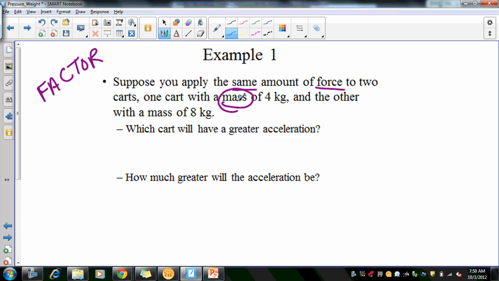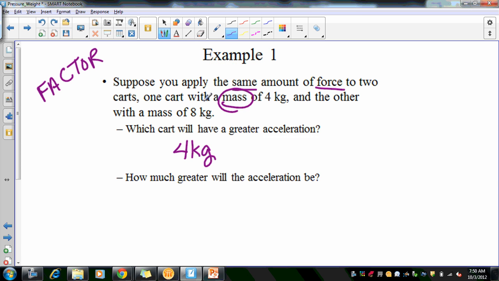So mass and acceleration have an inverse relationship, which means the smaller the mass, the greater the acceleration. So it's going to be the 4 kilogram cart. Smaller mass, greater acceleration.